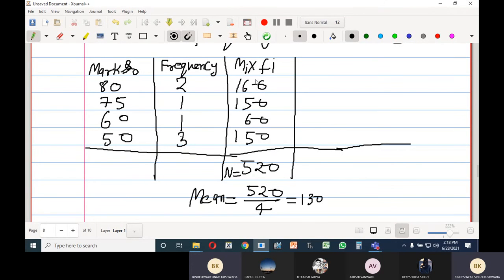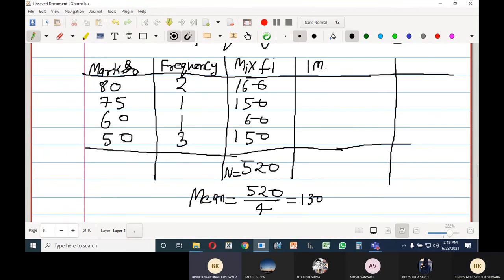Thereafter, what will you calculate? The same way you will calculate the deviation. So here you will calculate mod mi minus 130. Okay. So here 50, 50, thereafter 55. This is a deviation. Thereafter 70, then thereafter 50.